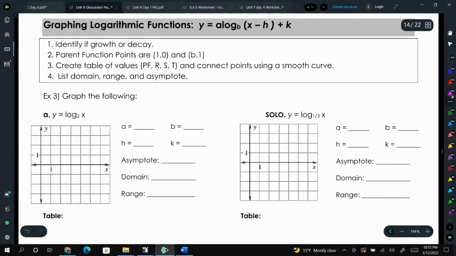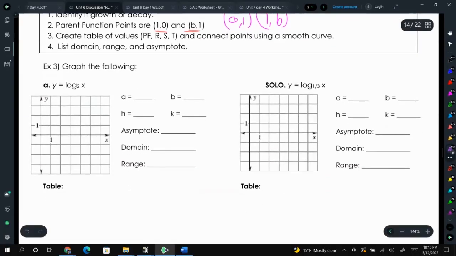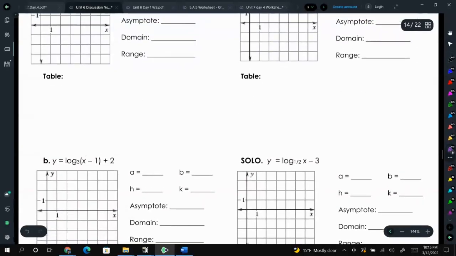Because remember, for exponential functions, the table was 0 comma 1 and then 1 comma b were our 2 points. You see that they've switched. And like I was saying, our a, h, and k are back, and they still do the exact same thing as they've always done. So let's graph a couple of these, and I'm going to leave you guys to graph a few.